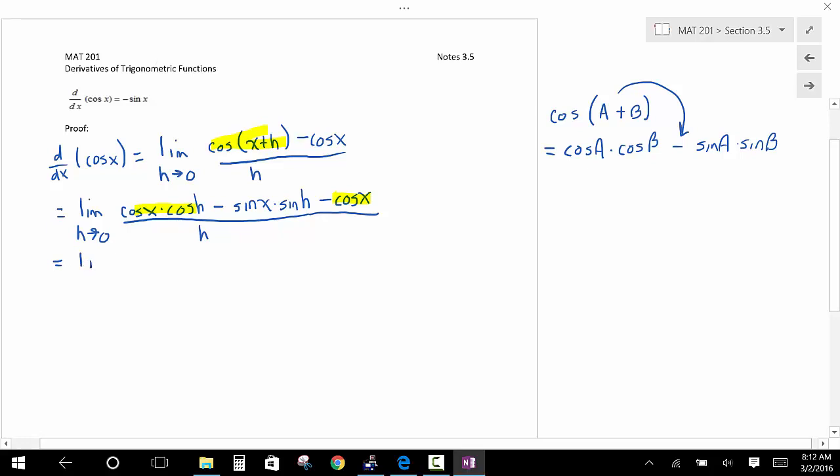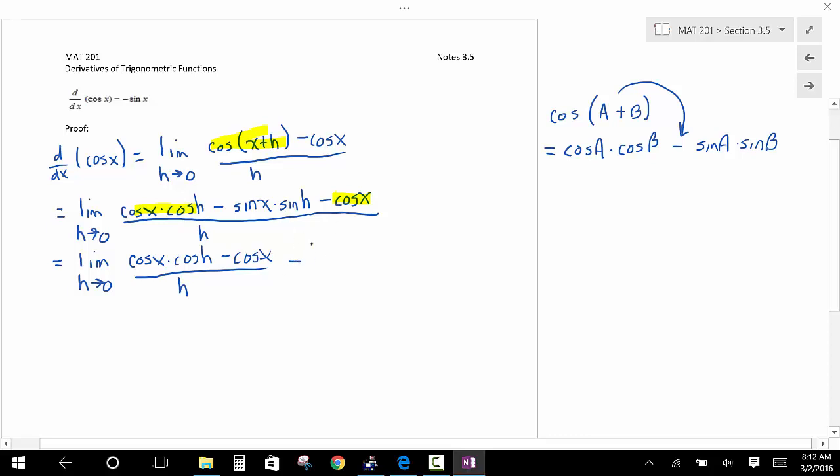So let's write this as limit as h goes to 0 of cosine x times cosine h minus cosine x all over h. Of course, I can break this limit of a sum and difference into a difference of the limits. So I'm putting those together.